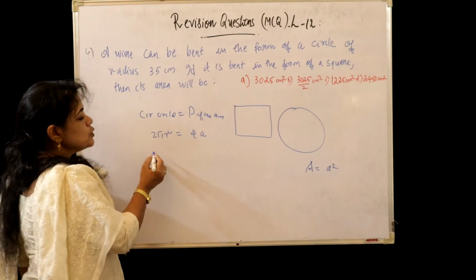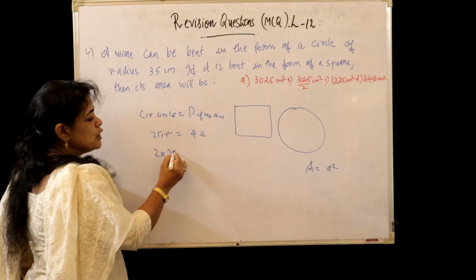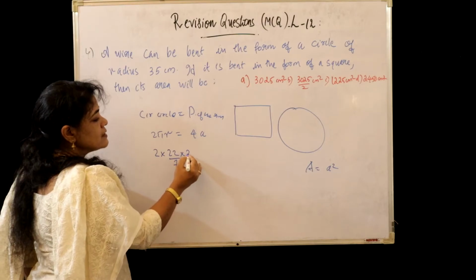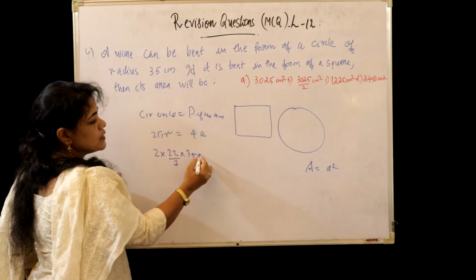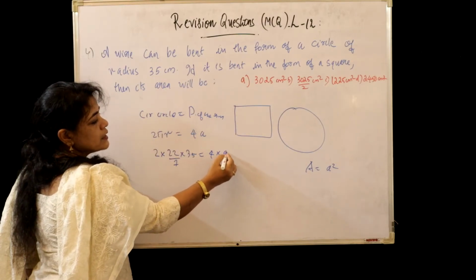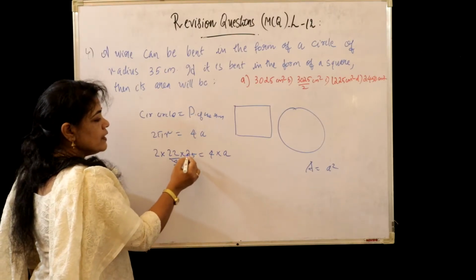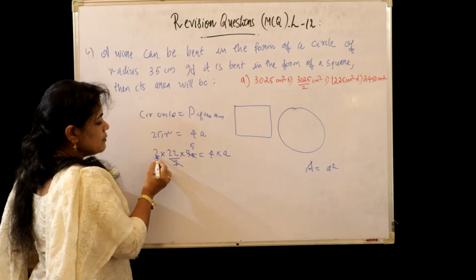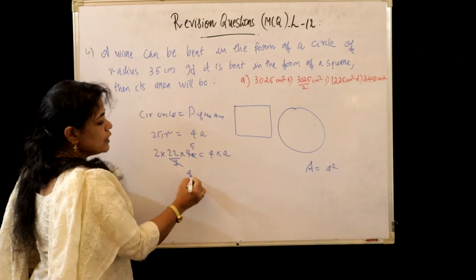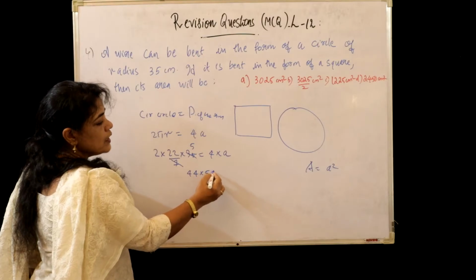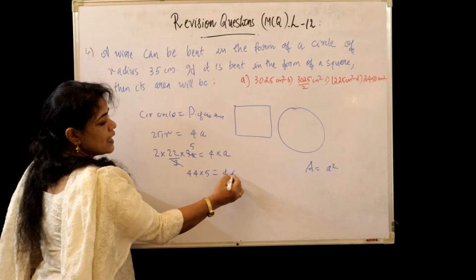So 2 into 22 by 7 into radius 35, which is given in the question, is equal to the perimeter of the square, that is 4a. The 7 in 35 goes 5 times, so 2 into 22, 44 into 5 equals 4 times a.